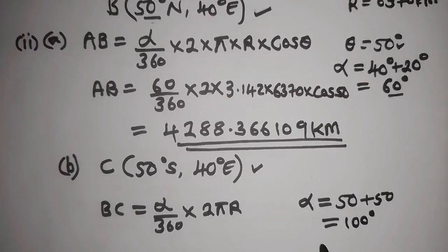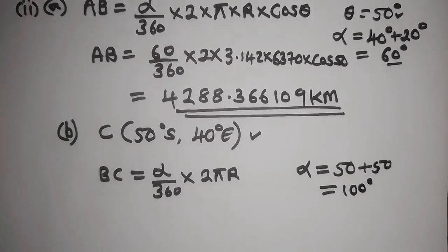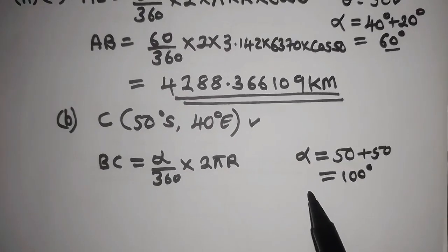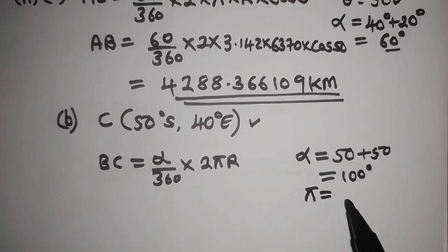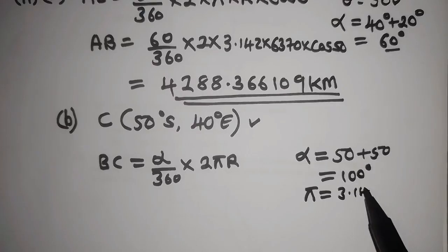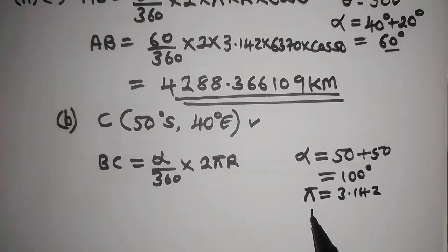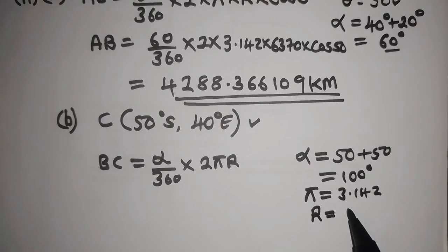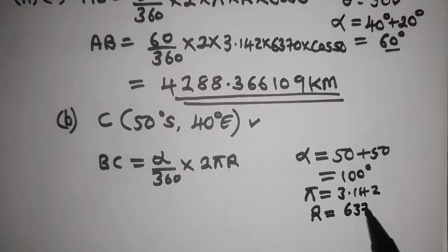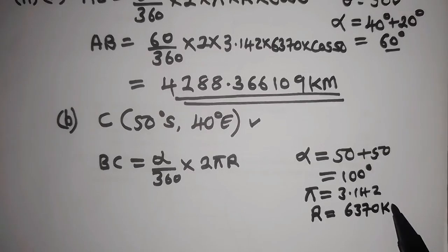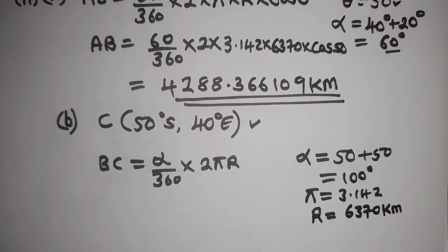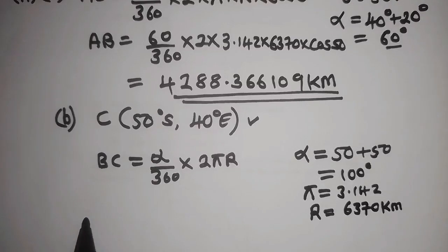Okay, and then we know that our pi is given as 3.142. Then our radius r is given as 6370 kilometers. So just a matter of now substituting.